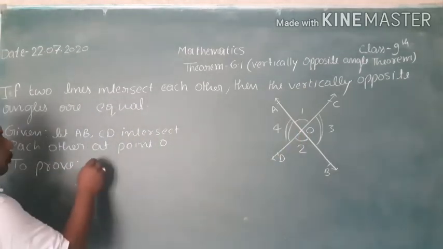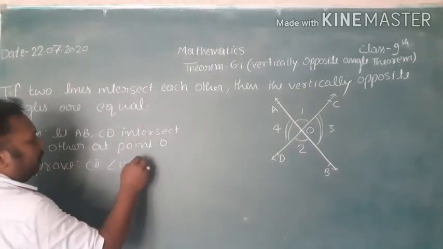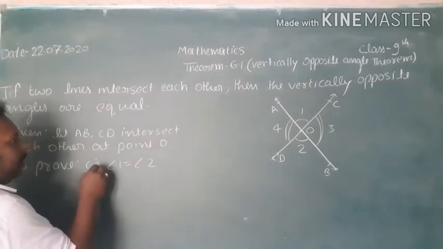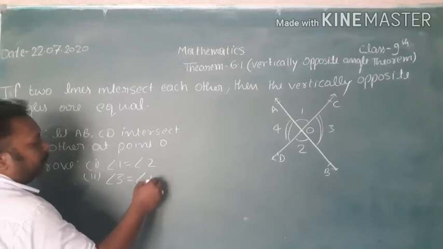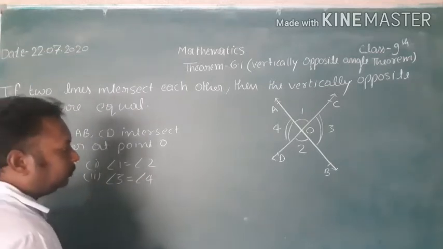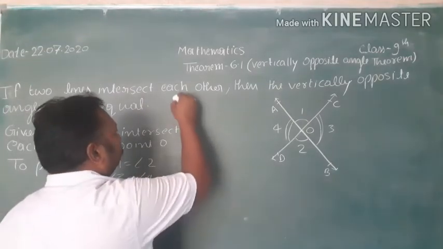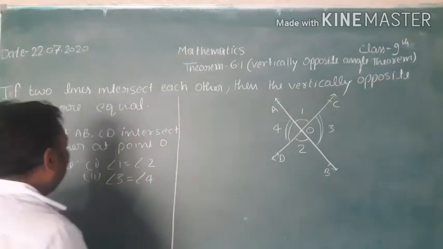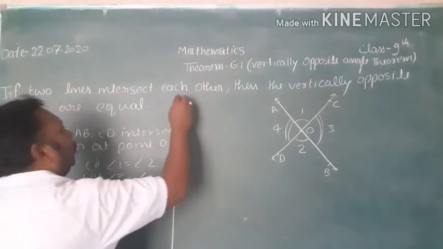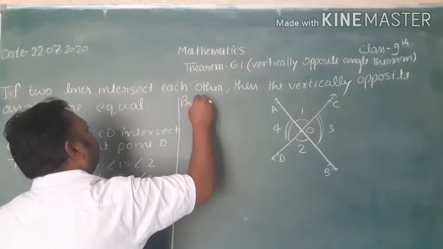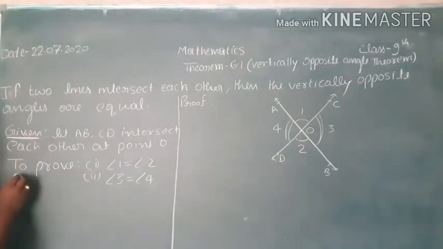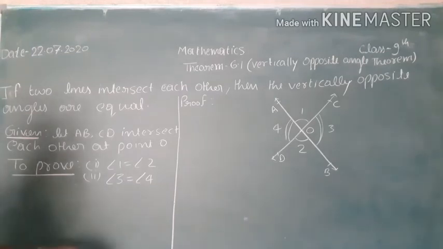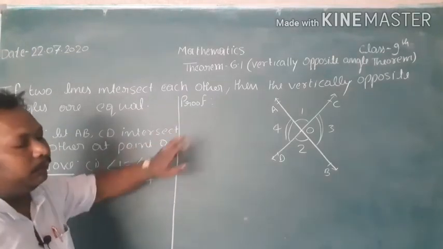So we have to prove angle 1 equal to angle 2 and angle 3 equal to angle 4. And the third heading is proof.